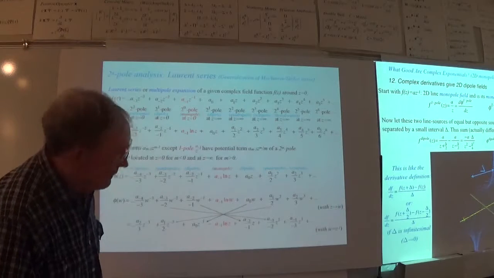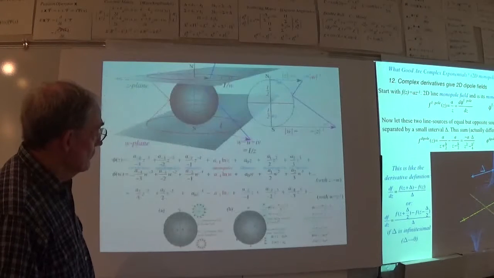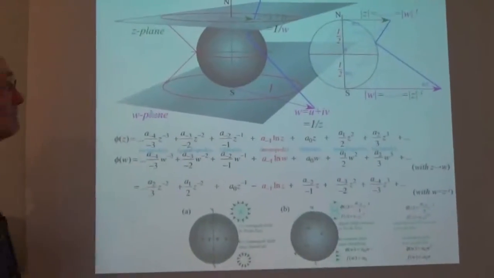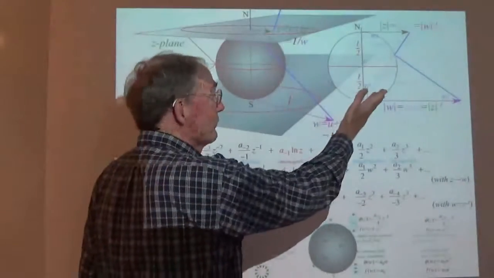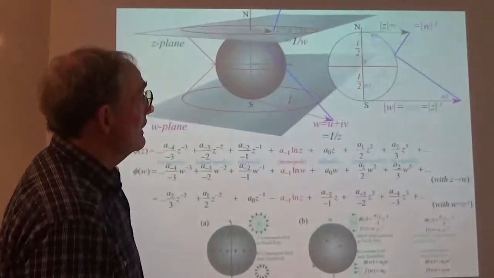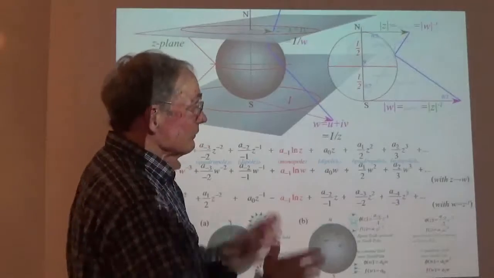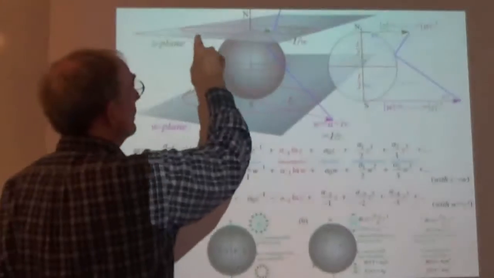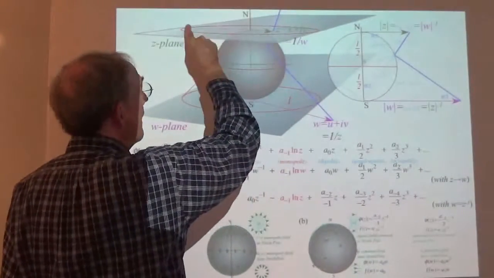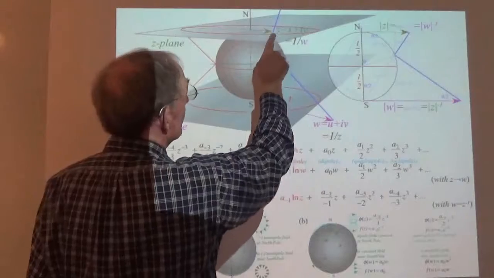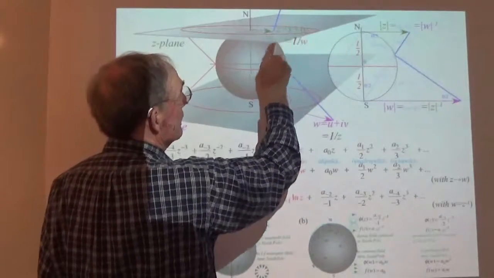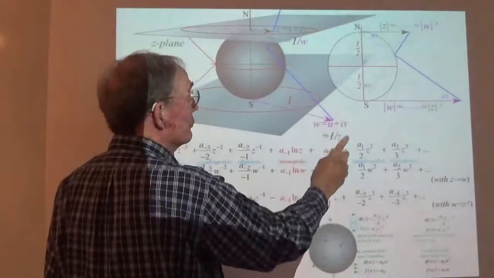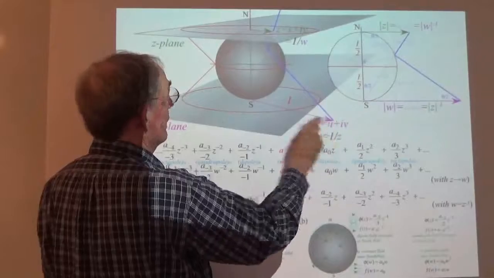So, the question is, what is it that you're actually looking at? And this is an attempt to show that. This is once again Thales' construction. It gives you the stereographic transform from stuff that's inside the unit circle, and I'm just taking a z here, z equals x plus iy, to a point w, which is 1 over z, and is outside of the unit circle.